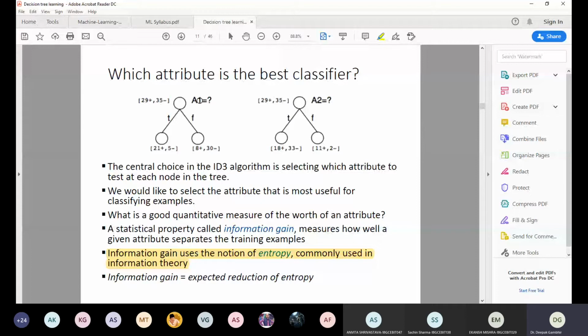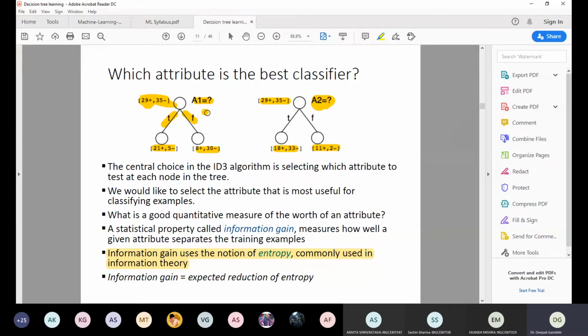For example, in this case we choose attribute A1 and attribute A2. Attribute A1 can be divided into T and F, in which the total 29 positive cases and 35 negative cases can be divided into 21 positive, 5 negative, and 8 positive, 30 negative. Similarly, for A2, the 29 plus and 35 minus can be divided into 18 positive, 33 negative with T, and with F it is 11 positive, 2 negative.